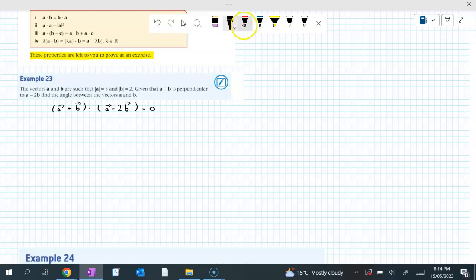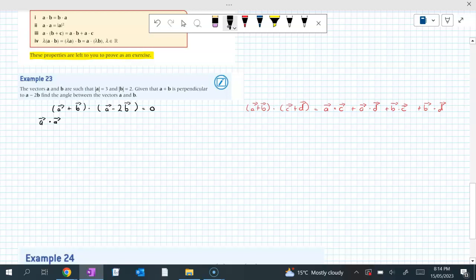So if I've got a plus b dotted with c plus d, and these are all vectors, then it does stand that this is equal to a dot c plus a dot d plus b dot c plus b dot d. FOIL: firsts, outers, inners, lasts. So using that idea, the first thing I'm going to get is a dot a.